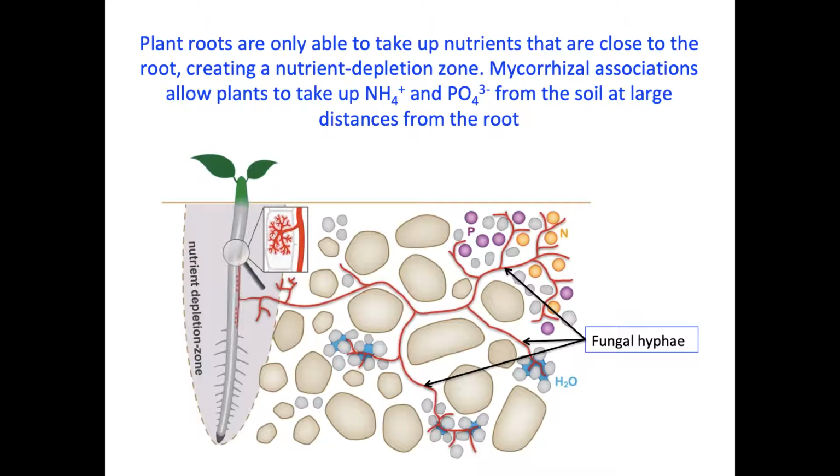So how can a plant get nutrients that are far from where that root nutrient depletion zone is? The answer is by using mycorrhizal hyphae, which are long filamentous structures, as you've now learned, which extend out into the soil and allow the hyphae to pick up nitrogen and phosphorus and transport it back to the root.